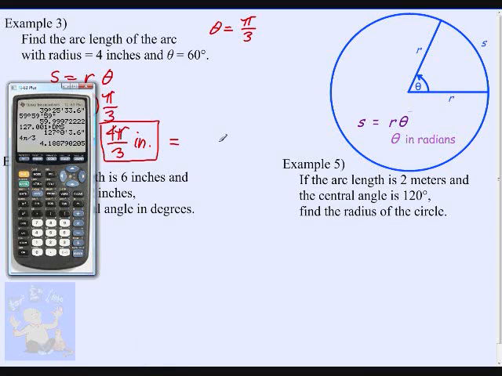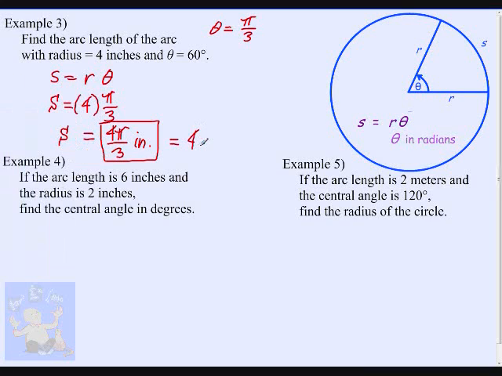So we want to say, let's say 4.19 inches. 4.19 inches. And we ask ourselves, does that make sense? Yeah, that makes sense. The radius was 4. This looks like it might be a little more than 1 radian or 1 radius.